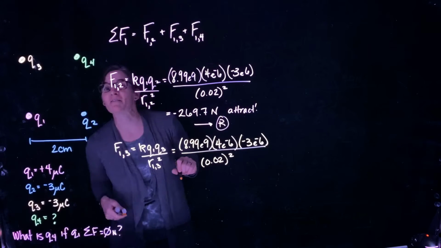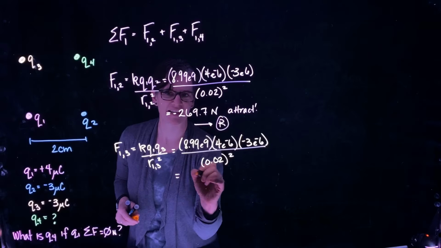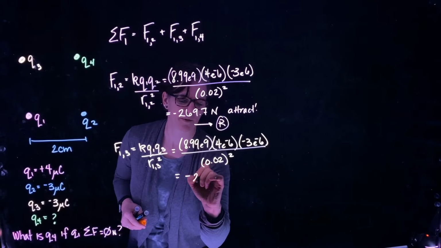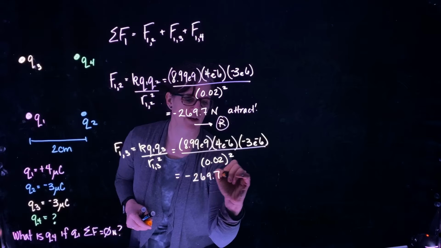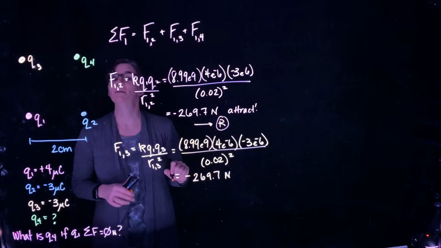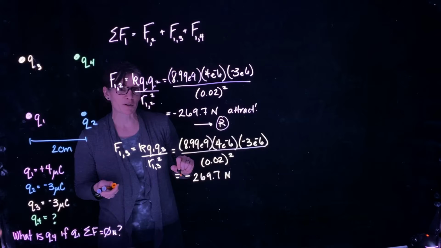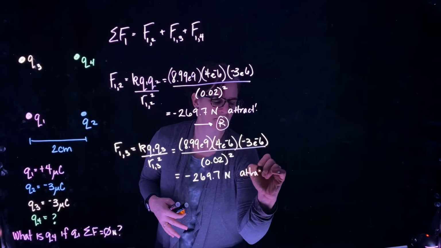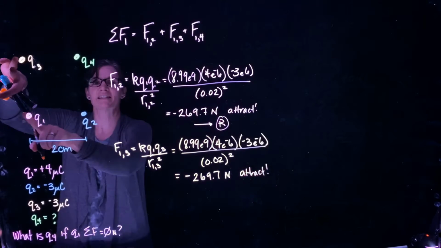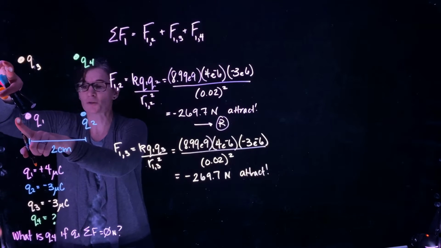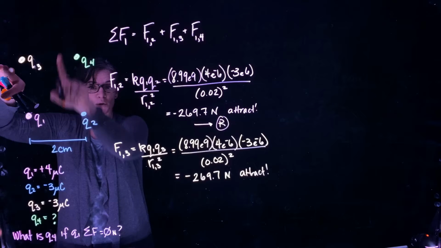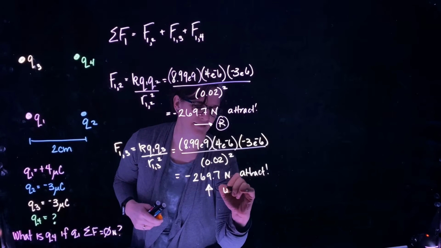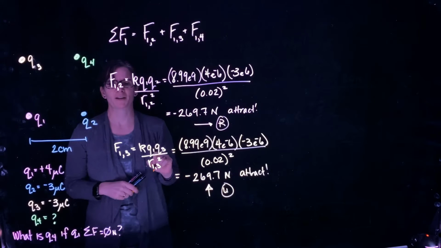Well, those are the same values, and we find that the force of 1 and 3 is also minus 269.7 newtons. The negative electric force tells us it's attractive. And therefore, Q1 is feeling a force upward by Q3.